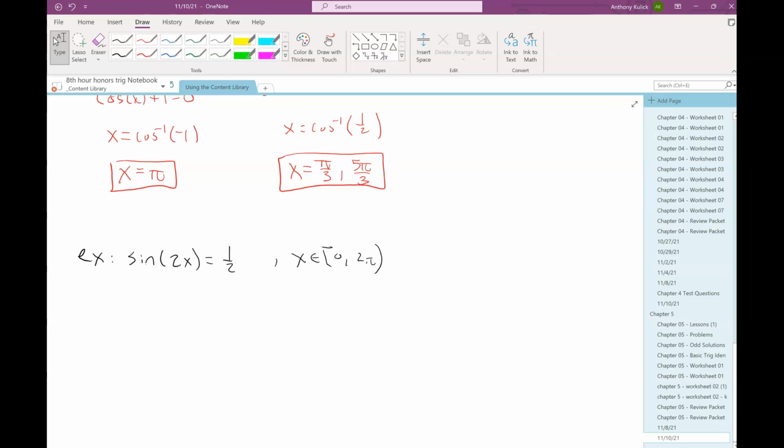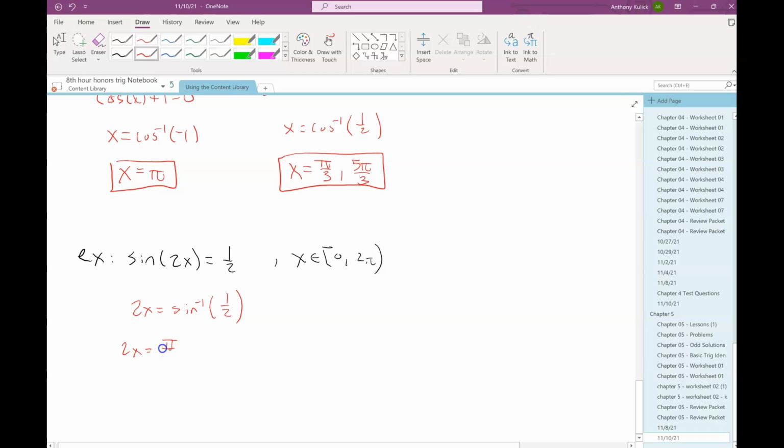So you probably would say, okay, well, I'm just going to do sine inverse of both sides. And then we'll go to the unit circle and pull out the places where the y-coordinate is 1/2.